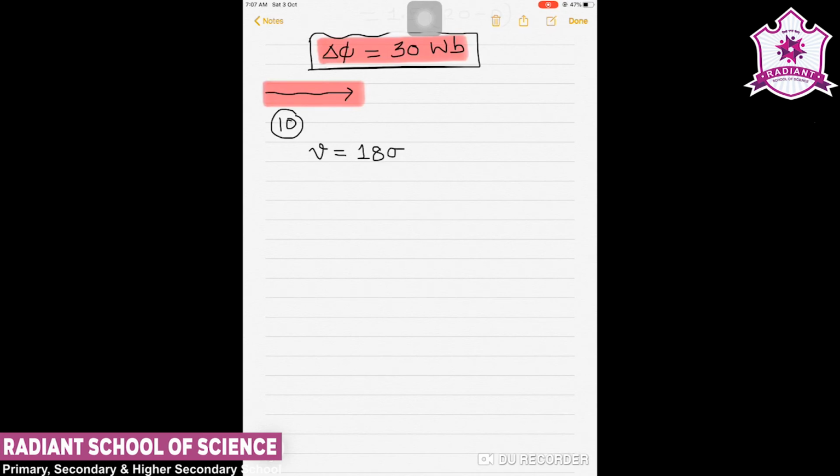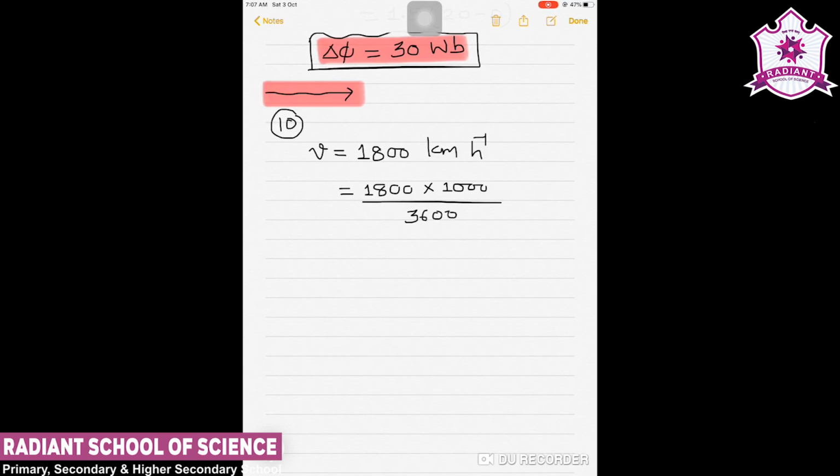So if we want to convert it into meter per second, it is very simple. 1800 kilometer is there, one kilometer is 1000 meter, so it will be 1000 meter, and 1 hour has 3600 seconds.